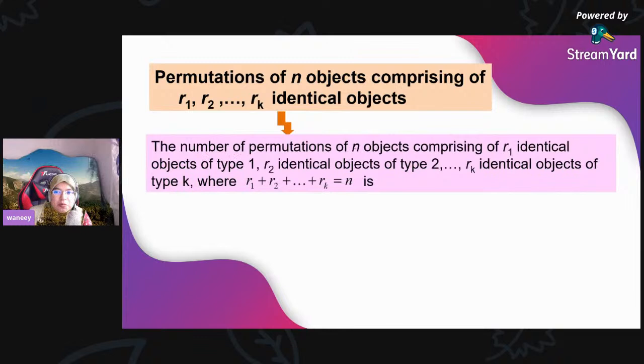The number of permutations of objects comprising R1 identical objects, R2 identical objects, up to Rk identical objects, where R1 plus R2 plus up to Rk is equal to N, is N factorial over R1 factorial, R2 factorial, up until Rk factorial. So this is the part that is identical.